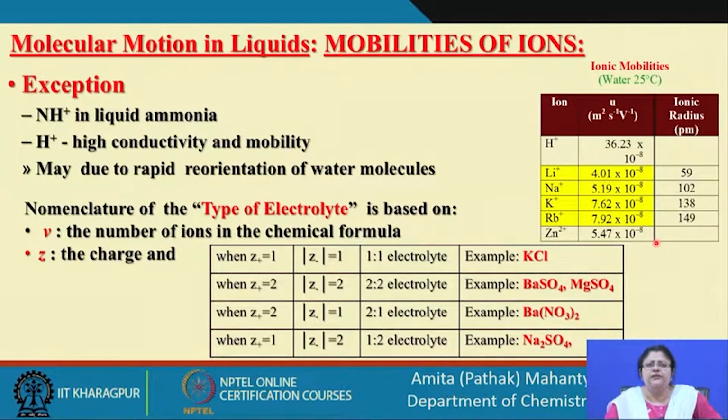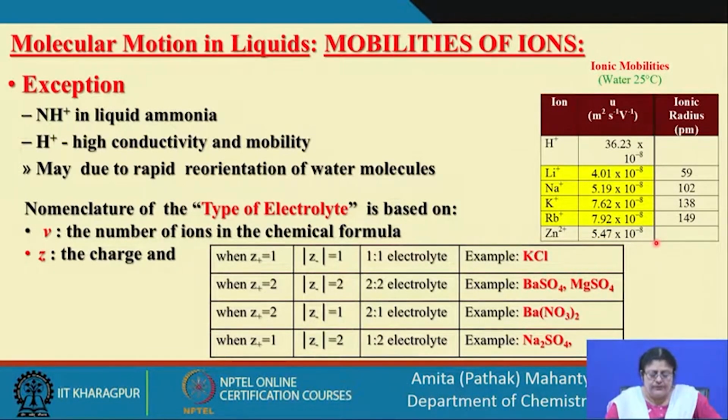Suppose you have Z equal to 1. Then Z plus or minus is always taken as a modulus, because we do not want any negative term associated. So, a 1,1 electrolyte is one where Z plus and Z minus are both equal to 1, like KCl.